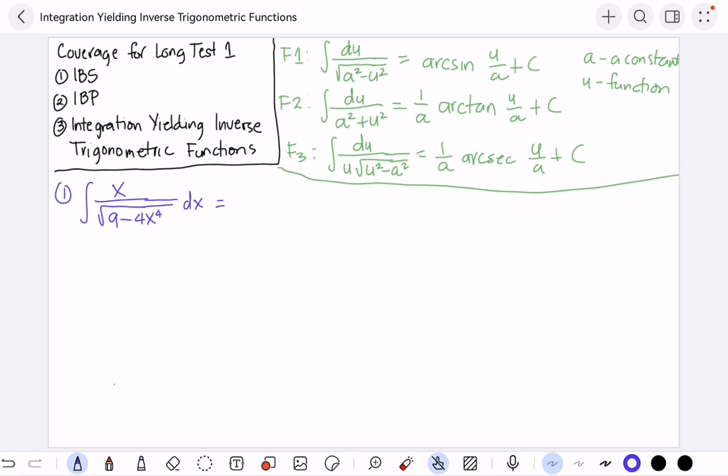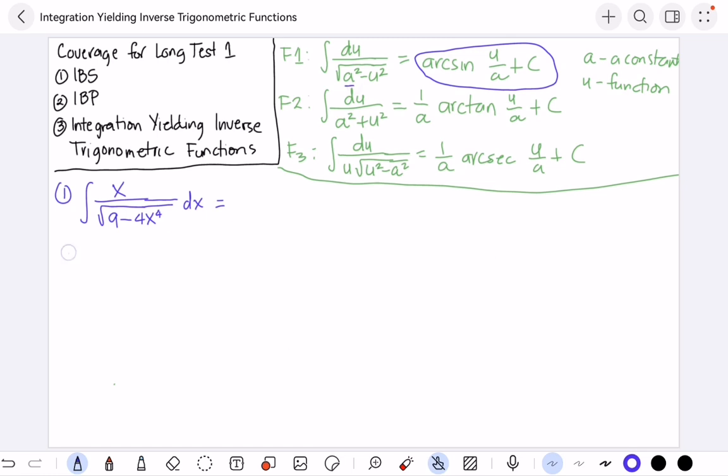Formula number 3, no also, because there is a function outside the radical, but here there is nothing outside the radical. So our target is to write this in the form of formula 1. In that case, what is your a?